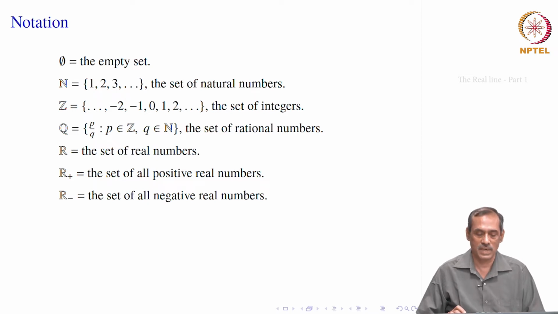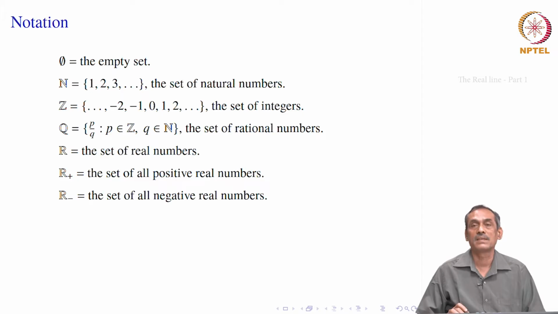So, that 0 is avoided and negative numbers are avoided in the denominator, but often we write, for example, minus 2 by minus 3, where we cancel this minus sign and say it is 2 by 3. So, there is no loss in telling that all the rational numbers are in this form, which is p by q, where p is an integer, q is a natural number.